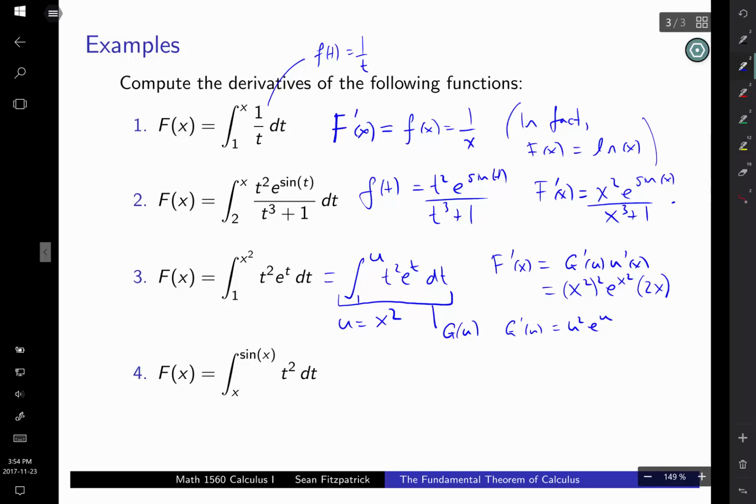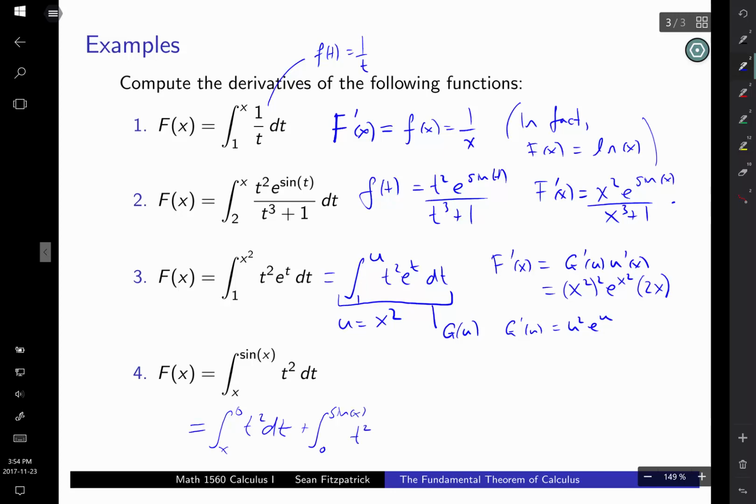This time, notice that both limits depend on x. How do we handle that? Well, first we have to manipulate using properties of integrals. Now I'm just going to pick some number, there's nothing special about 0 here. x to 0, 0 to sine x.